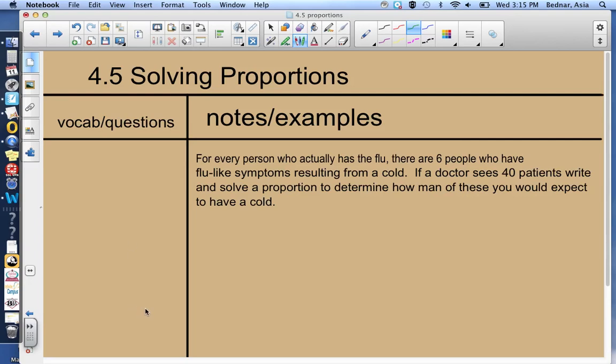For every person who actually has the flu, there are 6 people who have flu-like symptoms resulting from a cold. If a doctor sees 40 patients, write and solve a proportion to determine how many of these you would expect to have a cold. When it says the words for every, it's talking about 1. 1 person has the flu, 6 people have symptoms.